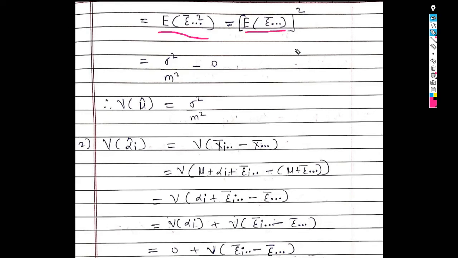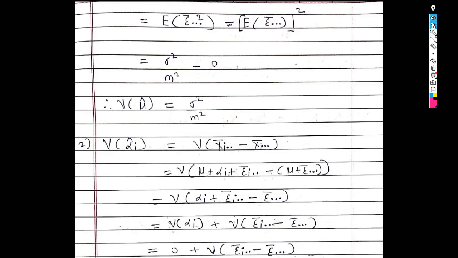We know that the variance of x is the expected value of x square minus the expected value of x whole bracket square. So here this term is 0 and the expected value of epsilon dot dot dot bar square is sigma square upon m square. In this way we get the expression for the variance of mu hat, and it is sigma square upon m square.